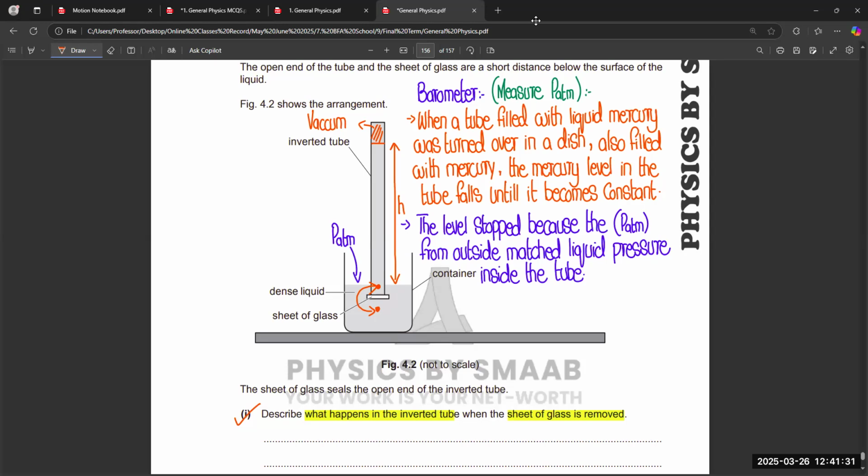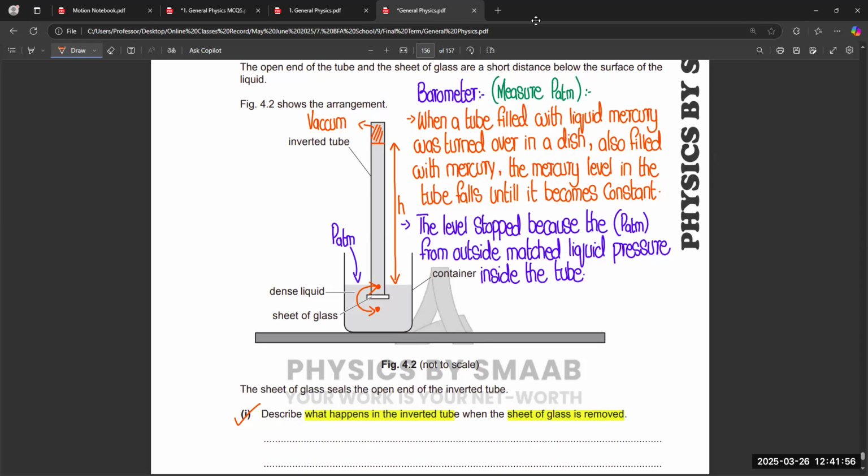Yes. So that's why the level of the mercury in the tube starts to decrease. And it decreases until it becomes equal to the pressure value outside, or equal to the atmospheric pressure outside. Okay.